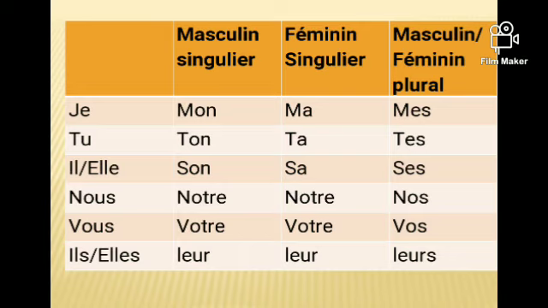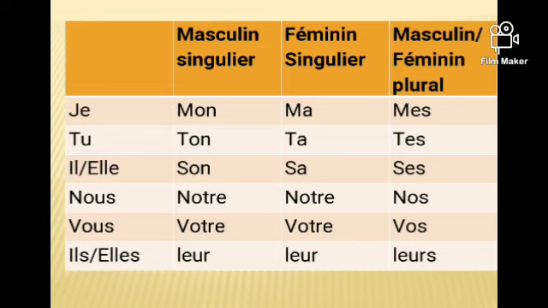For je, masculine singular is mon, feminine singular is ma, and masculine or feminine plural is mes. For tu, masculine singular is ton, feminine singular is ta, and masculine or feminine plural is tes. For il or elle, masculine singular is son, feminine singular is sa, and masculine or feminine plural is ses.